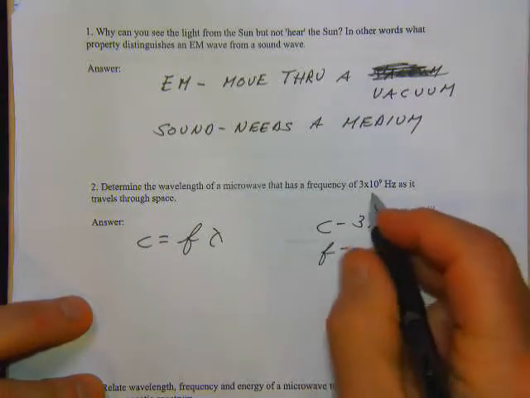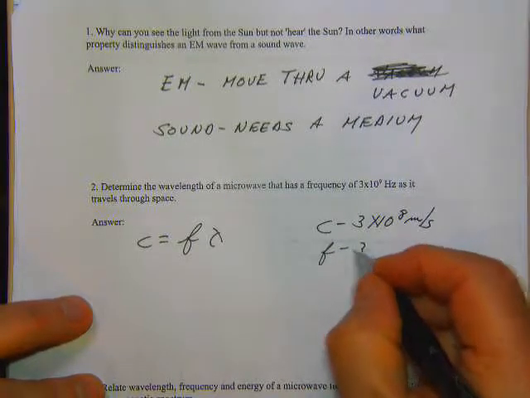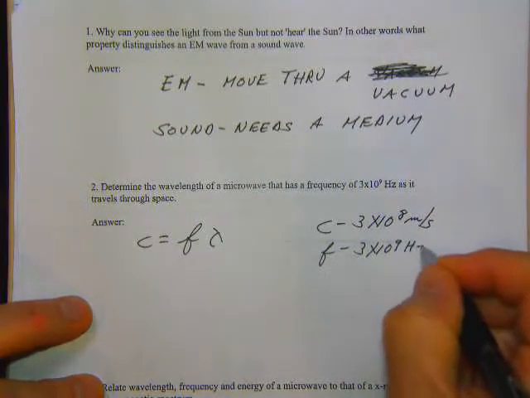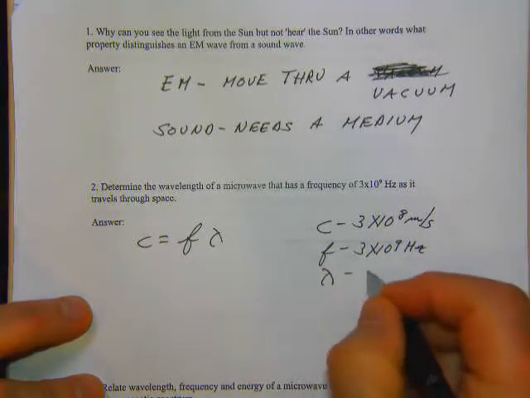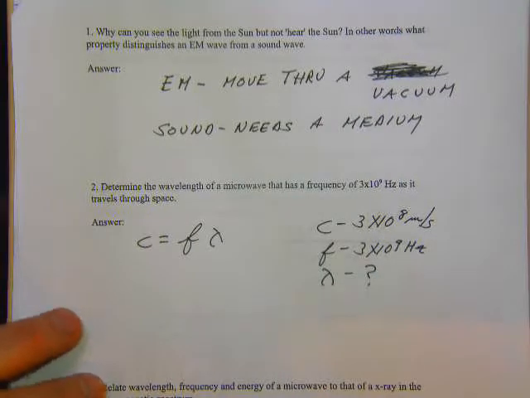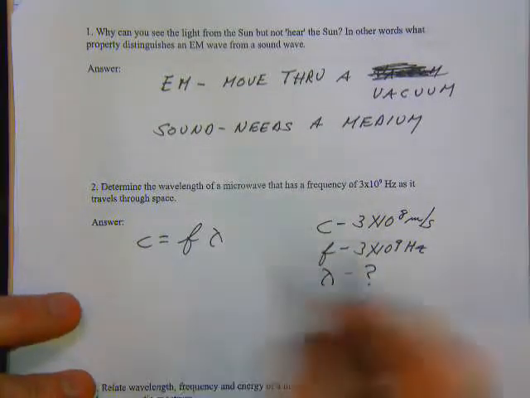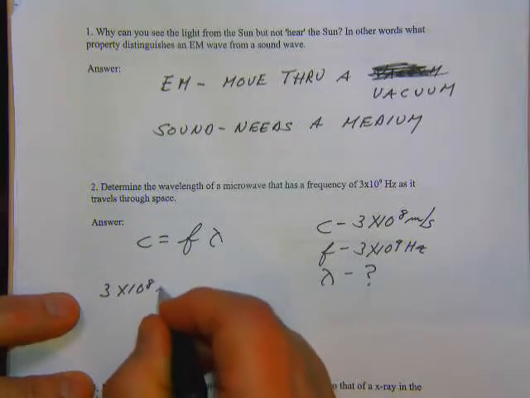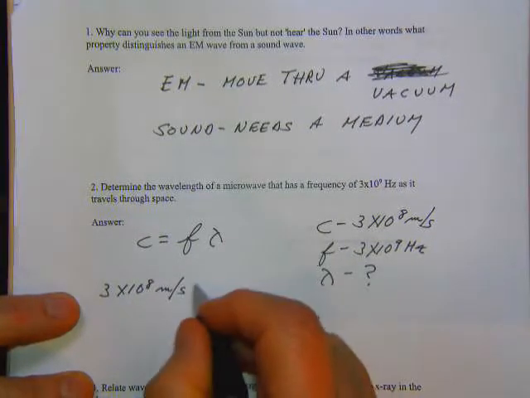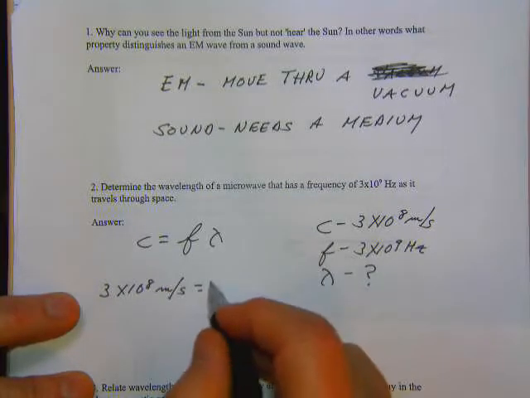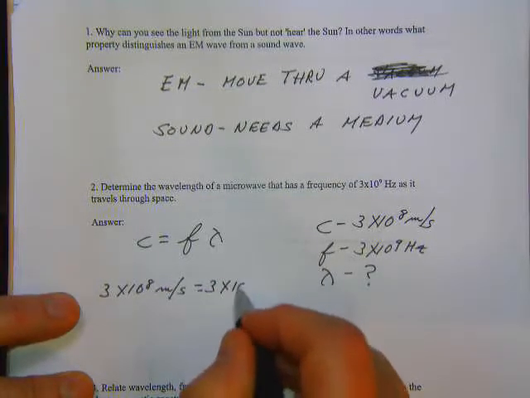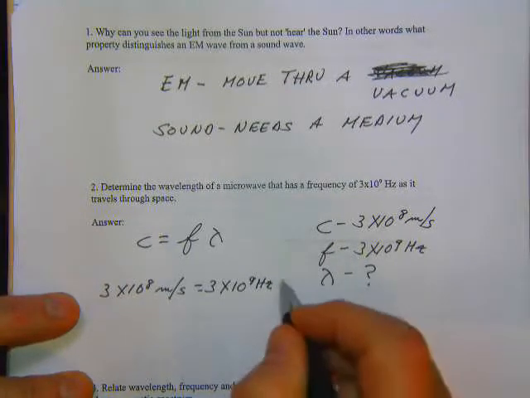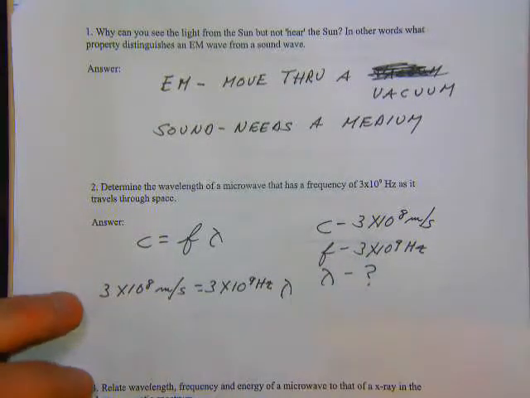We know the frequency is right here, 3 times 10 to the 9th hertz. We don't know the wavelength, so that's what we've got to solve for. So C, 3 times 10 to the 8th meters per second, equals frequency, 3 times 10 to the 9th hertz, times the wavelength.